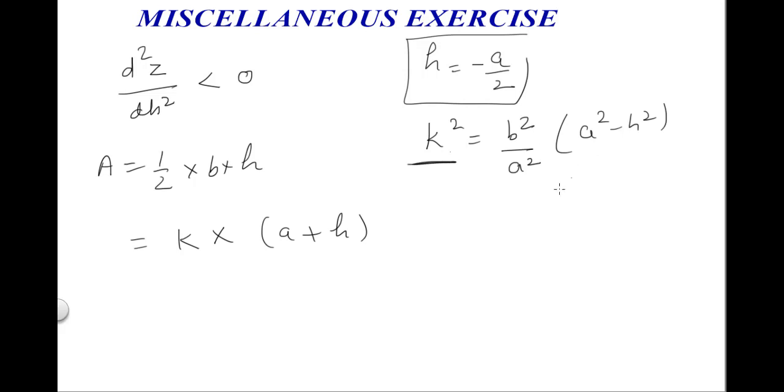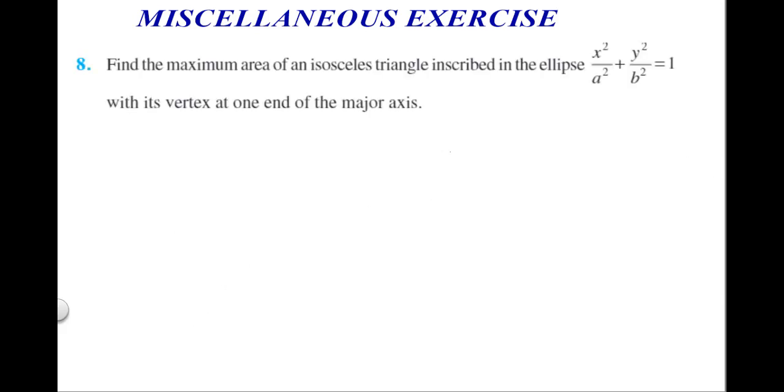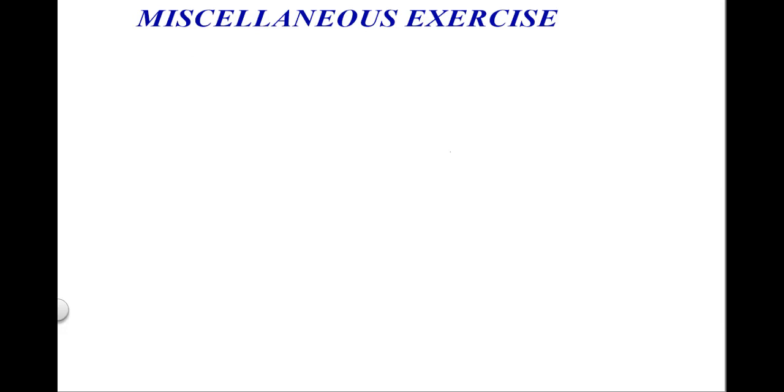From here calculate k and then put it here. So you are going to get some value of a. The maximum area you have to calculate, because it was mentioned in the question that you have to find the maximum area of the isosceles triangle. So first we found out the point at which it will be maximum, and then we have found out the maximum area also. Clear? Let us discuss another question now.